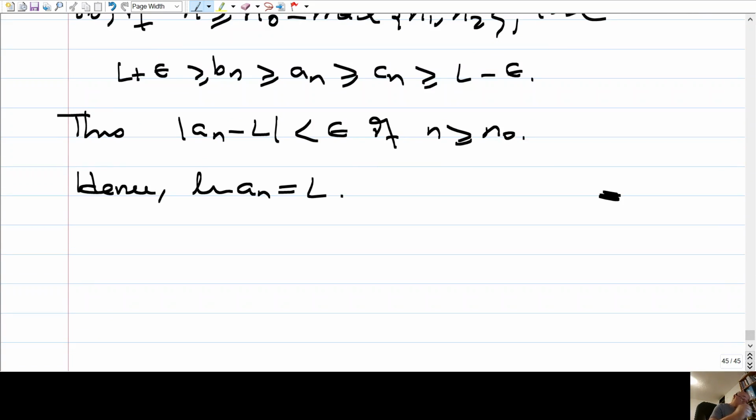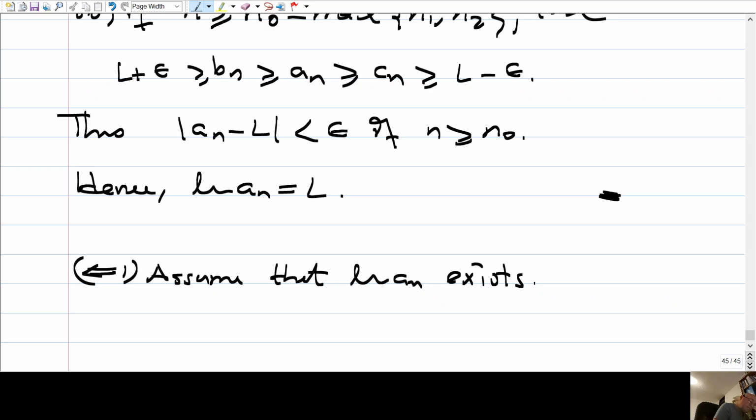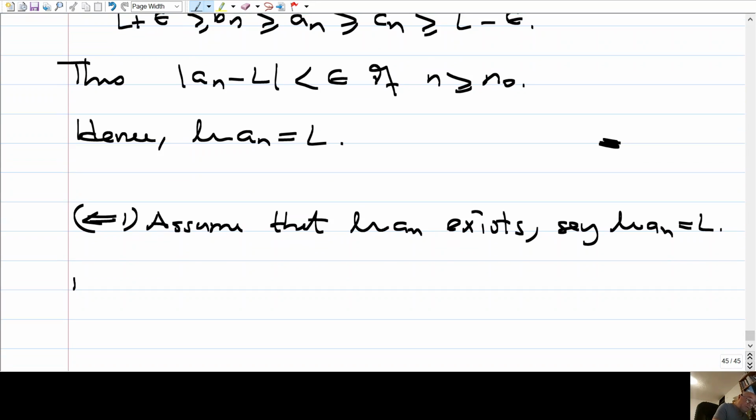For the other direction, so this time you do what? You assume, this time, that limit An exists. Say limit An is equal to L. What are we going to prove? We must show both limits should exist.